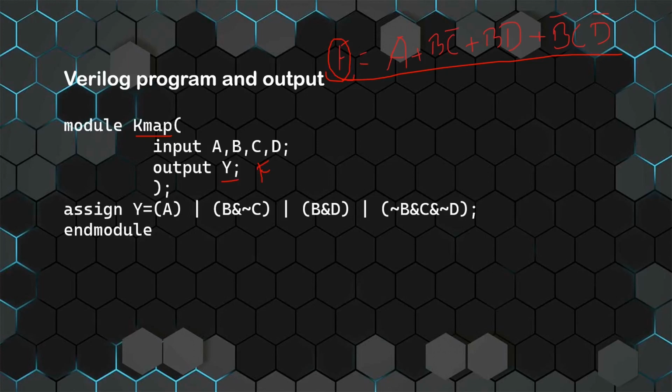Assign indicates that it is data flow. We can write the program in three types: structural gate level, data flow, and behavioral.